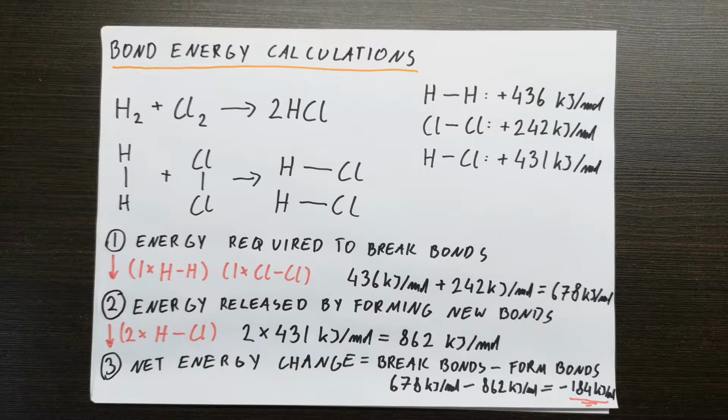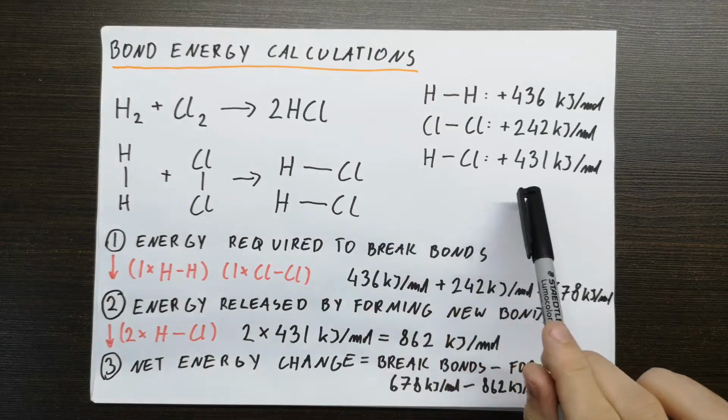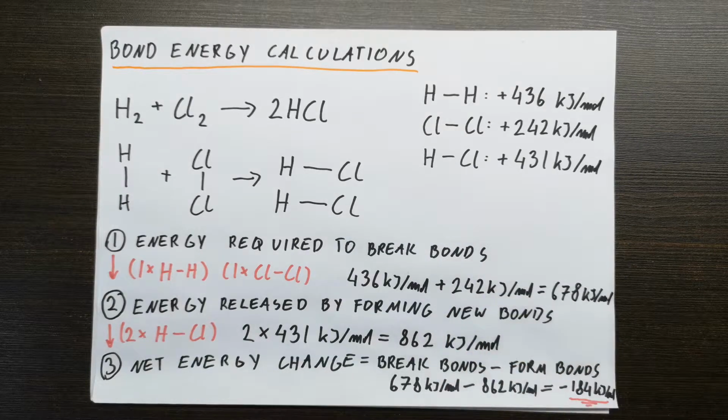But now, we need to move on to step 2, which is energy released by forming new bonds. And what bonds are we just forming? We have just formed 2 hydrogen-chlorine bonds. As we can see here, 431 kilojoules per mole. That's the sort of energy contained in a single bond like that per mole.